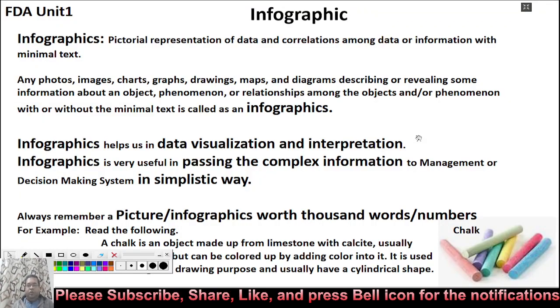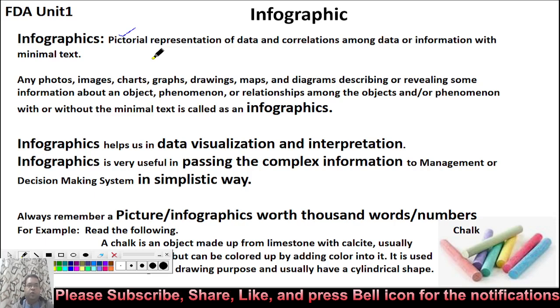So what is infographics? If you see what is infographic, we must consider that it is a pictorial representation. So when we say infographics, we are talking about this pictorial representation of data and the correlations between data, meaning how the data is correlated with each other, that we show in the infographics.